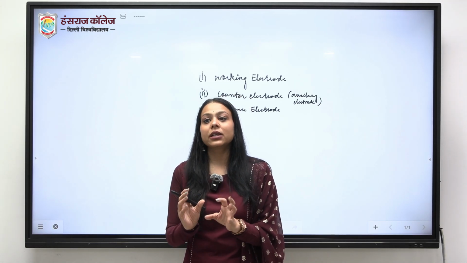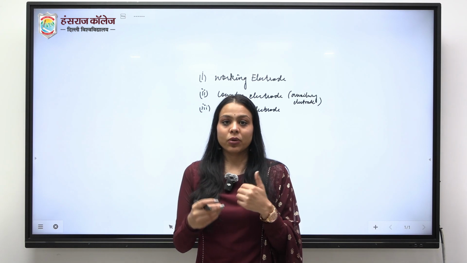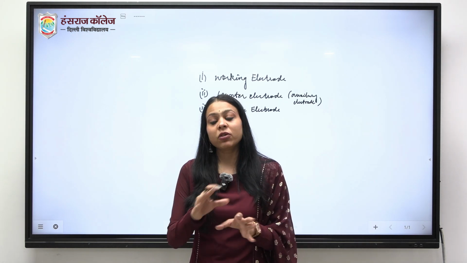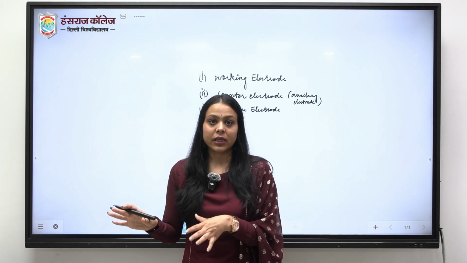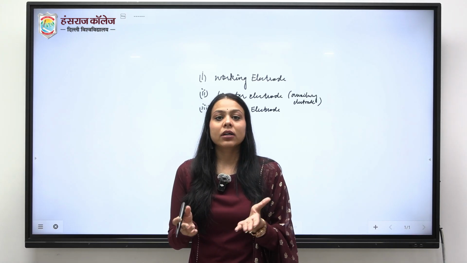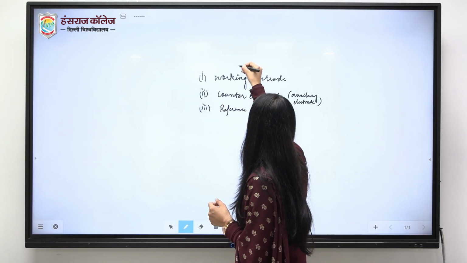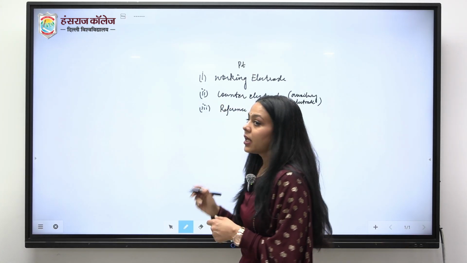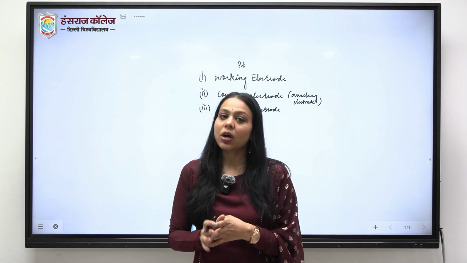So the counter basically just acts as a sink for your reaction, so that excess current can flow through the counter electrode. Let's say if you are using platinum metal as your working electrode, then you can use a platinum sheet as your counter electrode.